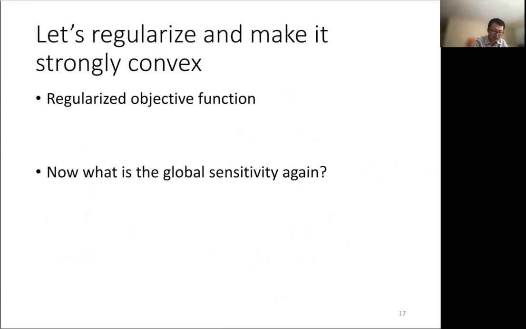So instead of trying to solve the unregularized empirical risk minimization, let's define this query of the data to be the arg min of the sum of these individual loss functions of theta, plus this additional regularization term, lambda over 2 times theta squared.